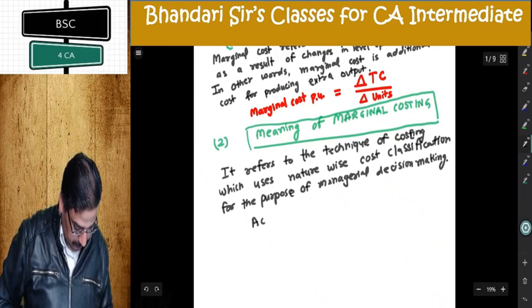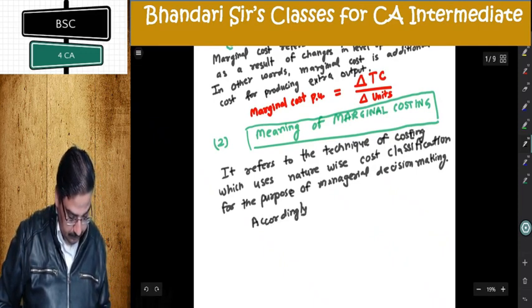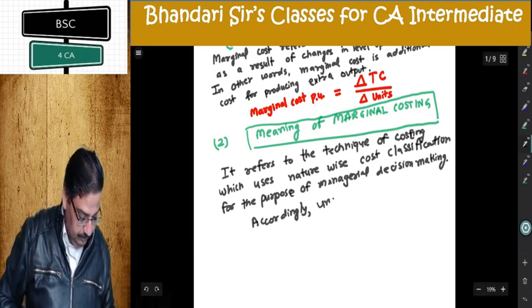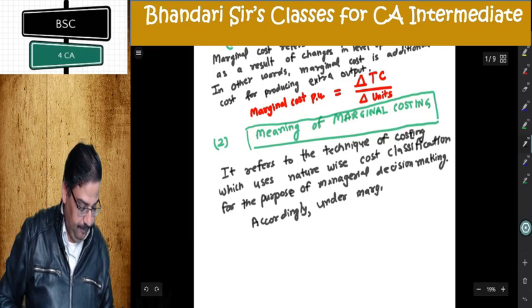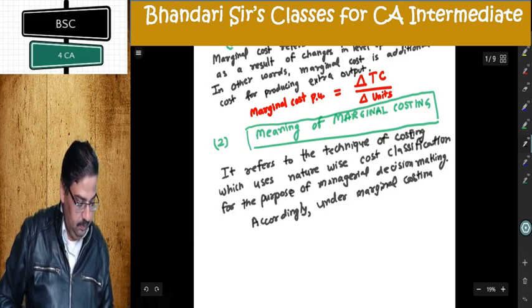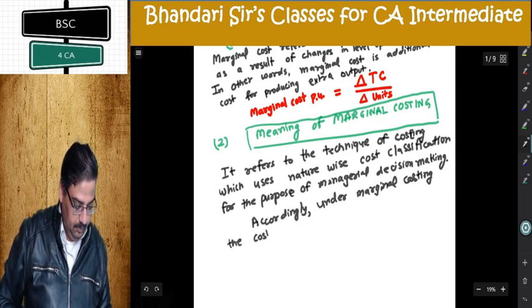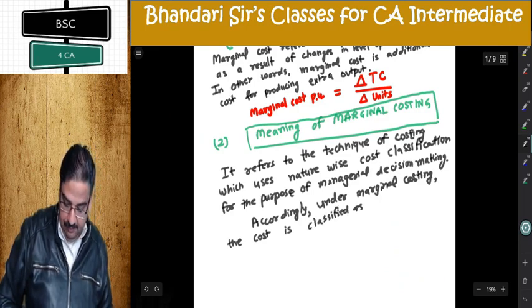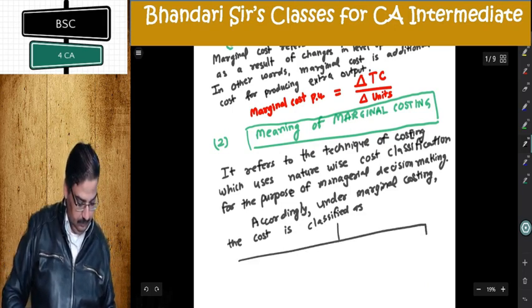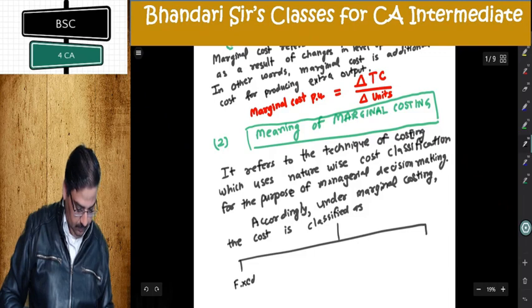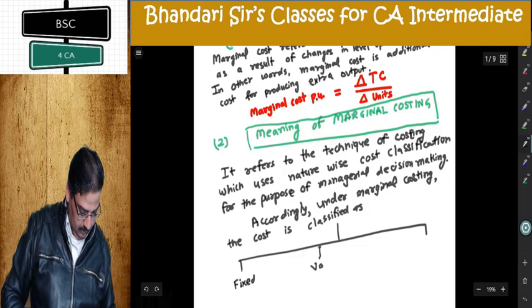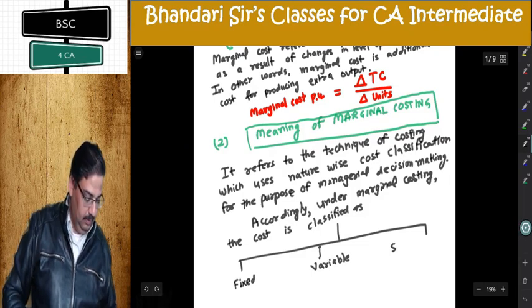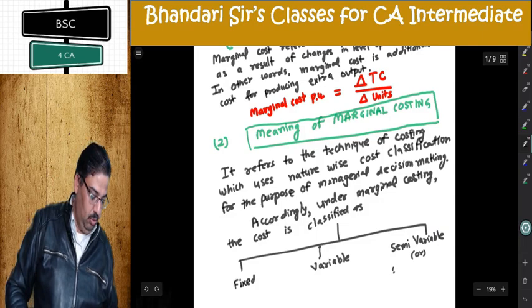Accordingly, under marginal costing, the cost is classified as fixed, variable, and semi-variable, which is also called semi-fixed.